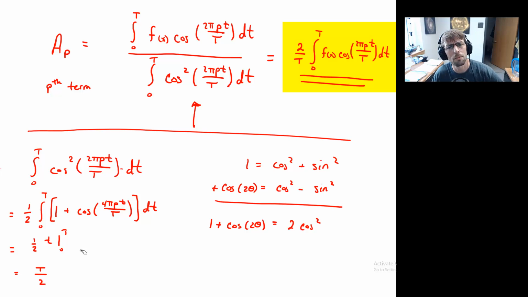How about the sine term? Go ahead, hack it out. Yeah, you say, oh, Greg, I've got this. No problem. You end up with B, I'll call it P again, B_P is equal to, yeah, you got it, 2 over T, the integral of f of x sine of 2 pi pt over T dt from 0 to T.